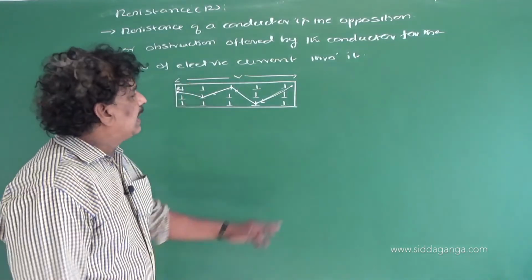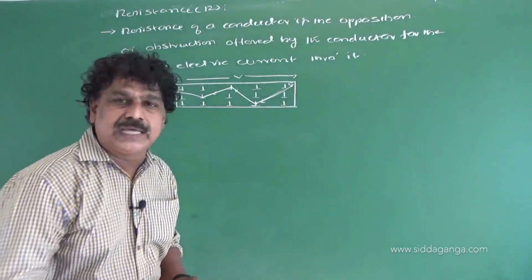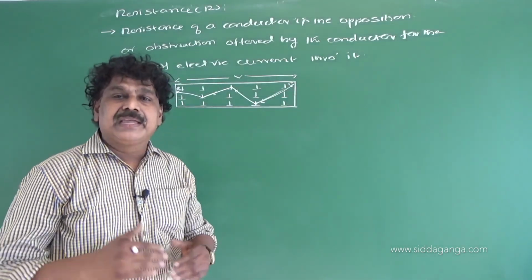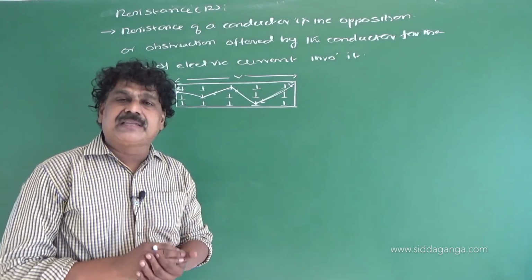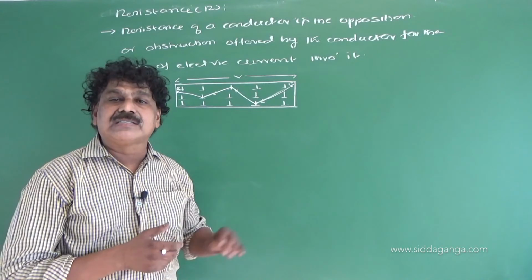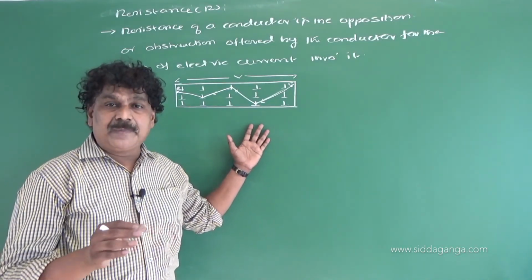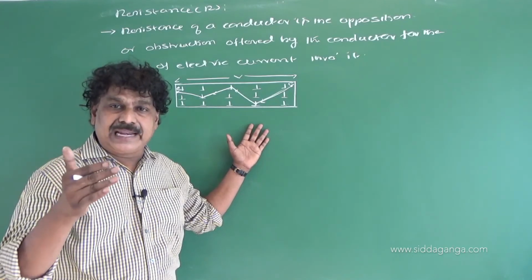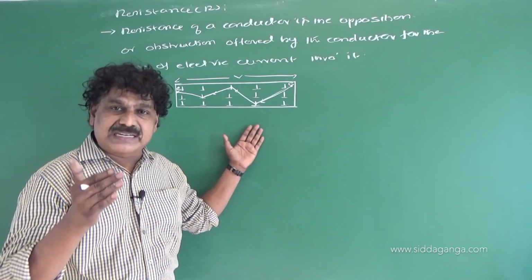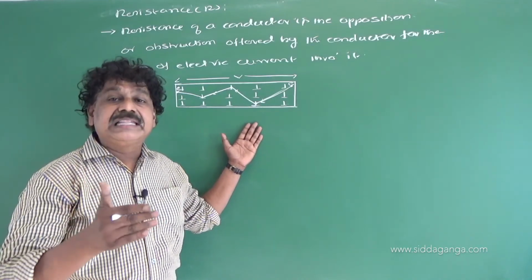So the electron, while moving from one end of the conductor to the other end, encounters a series of collisions with ions or atoms of the conductor. Therefore, the path of the electron is obstructed by the collision of electrons with the atoms.